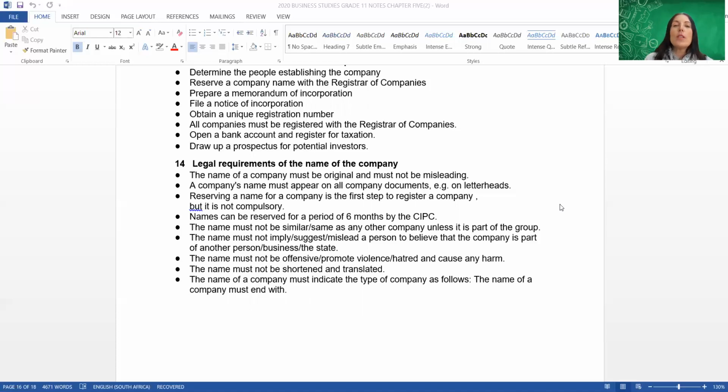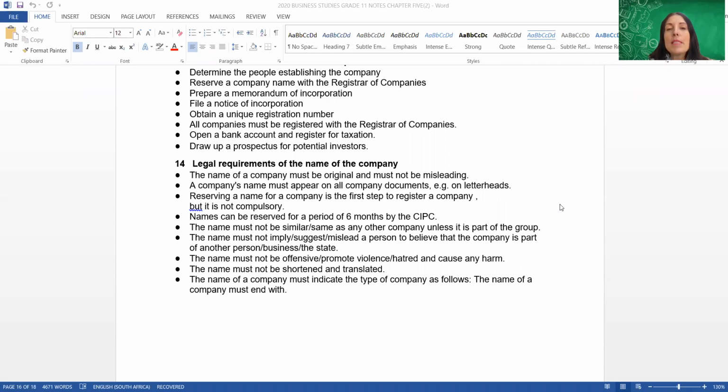And they will also look out for things that might be conflicting with other businesses or companies, because there shouldn't be a reason for people to think, okay, I'm doing business with this company, but in fact they thought it's another company that is actually the company they're looking for. So it's important that you choose an original name, and I think it's just better anyway. You don't want to be too closely linked to other businesses.